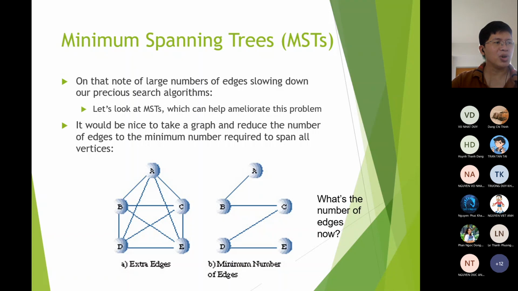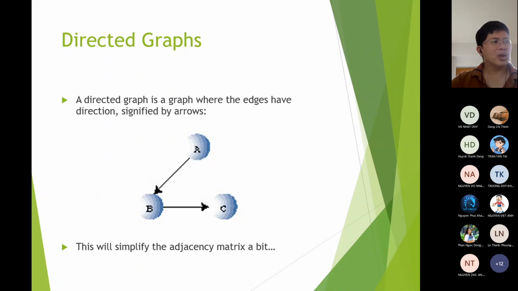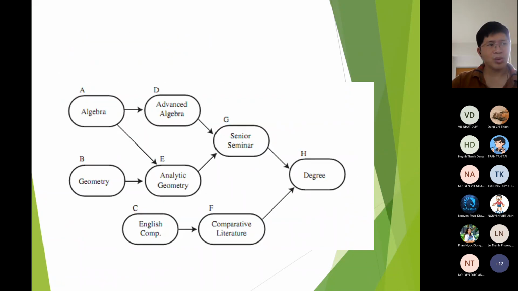So we have minimum spanning tree. Okay. So we have the directed graph, we have adjacency matrix, we have topological sort order. We can have this kind of pattern, and we try to find the way to do it such that we satisfy all the constraints of our system.